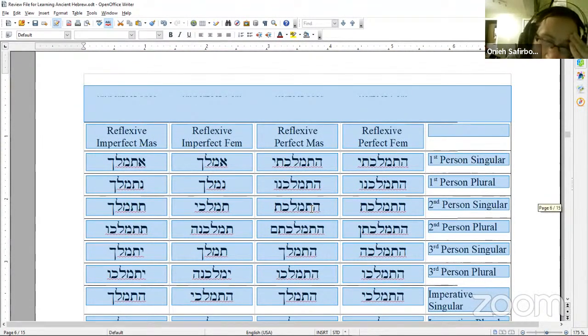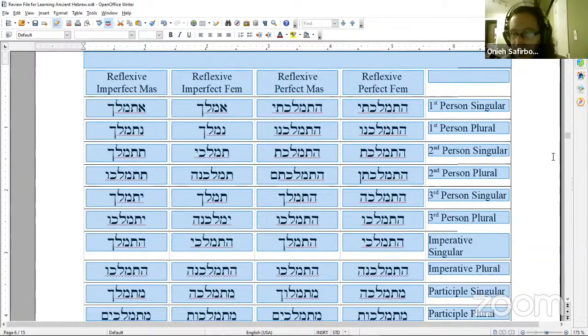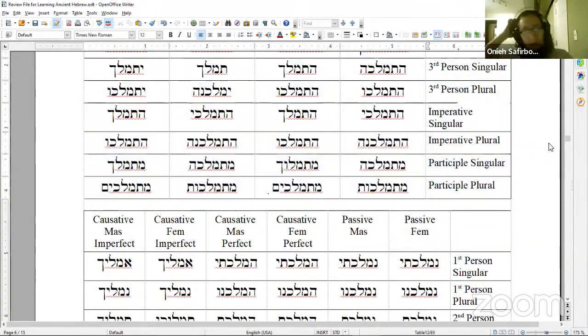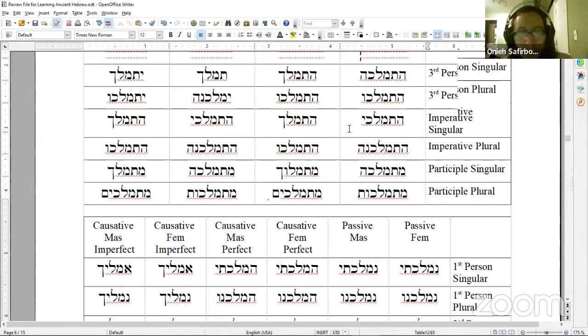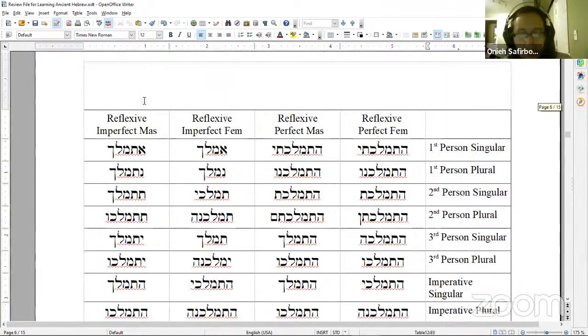I don't understand why I did not copy these in my file the other time. It's really weird. So these are reflexive forms.